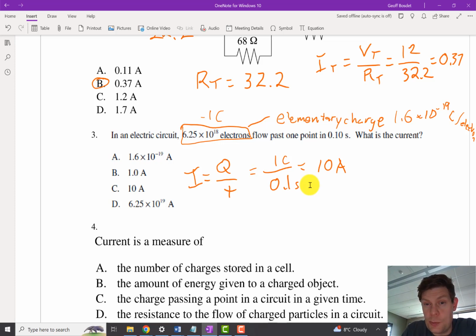So if you got coulombs per electron, if you want to know electrons per coulomb, you just do 1 divided by this guy, or this to the negative 1. So 1 divided by 1.6 times 10 to the negative 19 equals 6.25E18 electrons per coulomb.